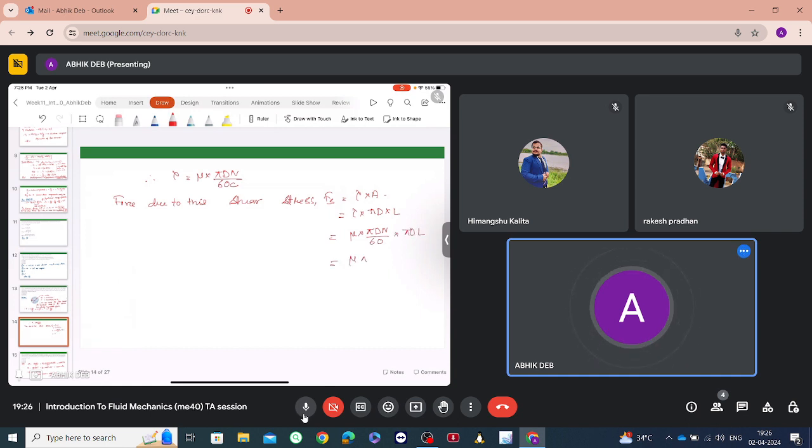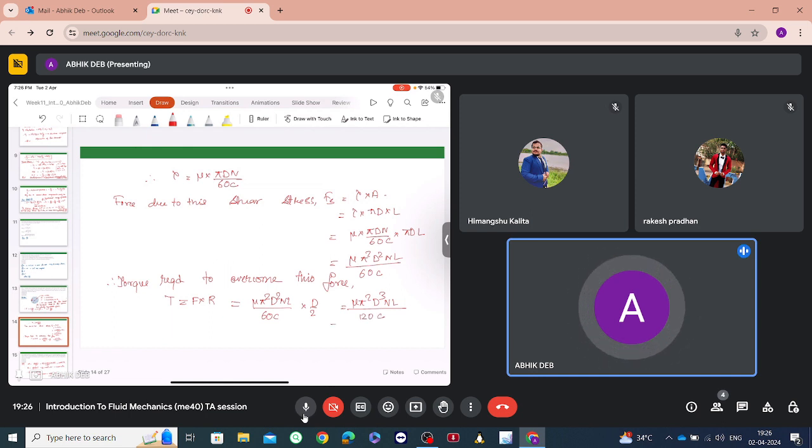So it is mu pi square d square nL by 60 c. Therefore torque required to overcome this force, T is force multiplied by R, so mu pi square d square nL by 60 c into d by 2, or mu pi square d cube nL by 120 c.